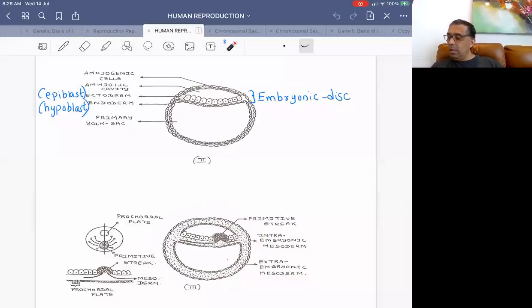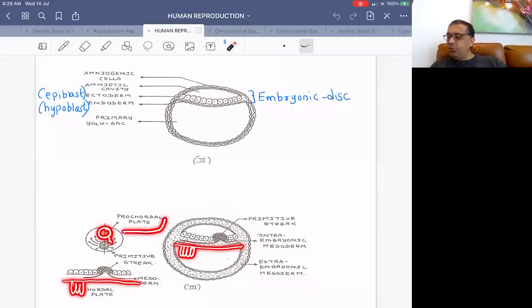Main one. Endoderm cells at one circular area, flat cells become columnar. That area is now called the procordal plate.